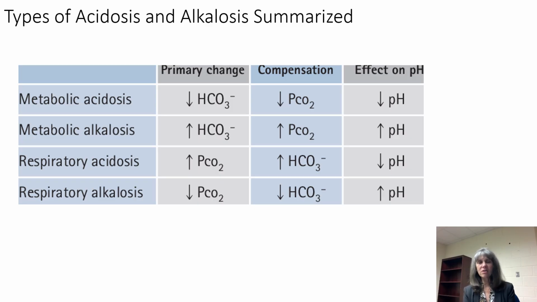With respiratory alkalosis, the primary change is a decrease in blood levels of carbon dioxide, so we have a decrease in partial pressure of carbon dioxide. The effect on pH on the far right is that it's going to increase, and so the compensation that the kidneys will do is excreting some bicarbonate to help lower that pH. And that's the last slide for this chapter.